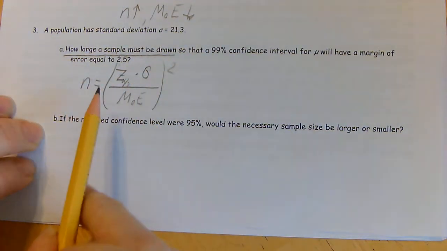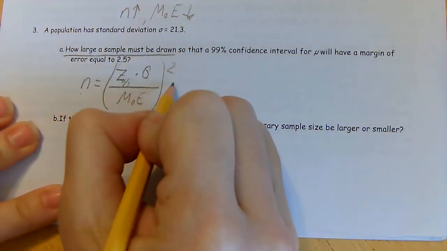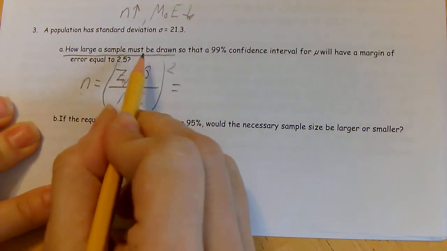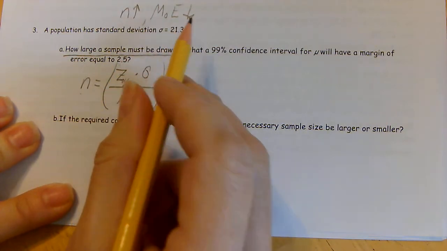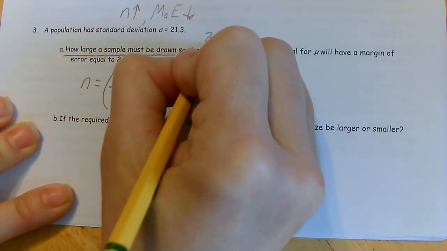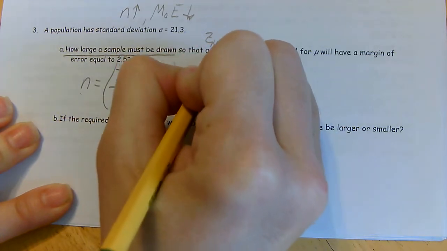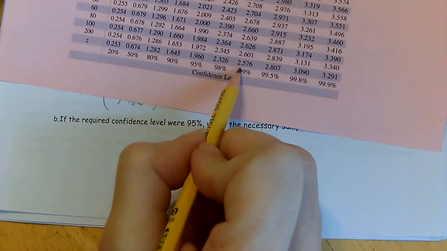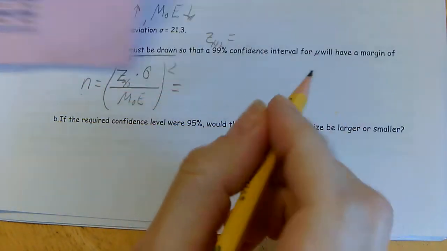The formula we need is solved for n. I have my margin of error, my standard deviation, and my critical z-value for 99% confidence is going to be 2.576.